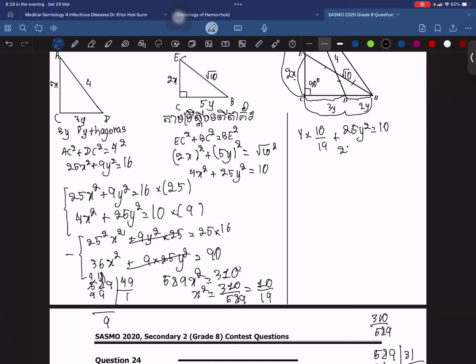So 25y squared equals 10 minus 40 over 19. So y squared equal to 150 over 19.